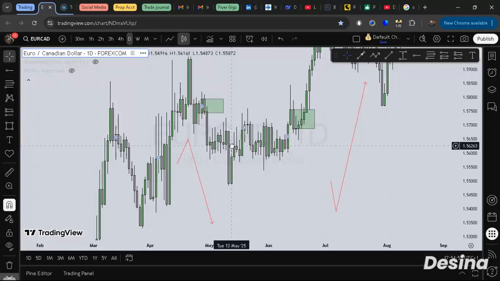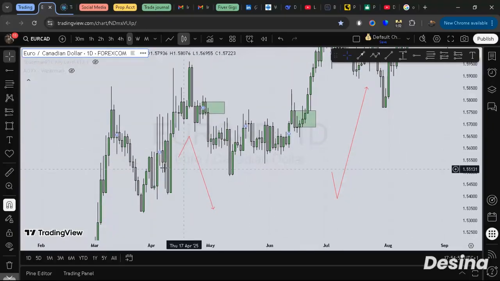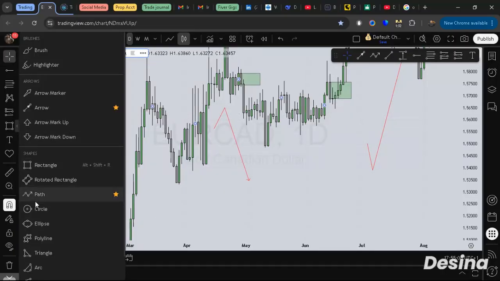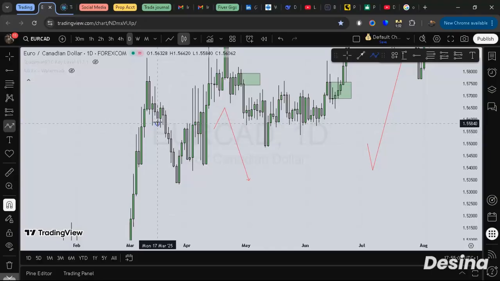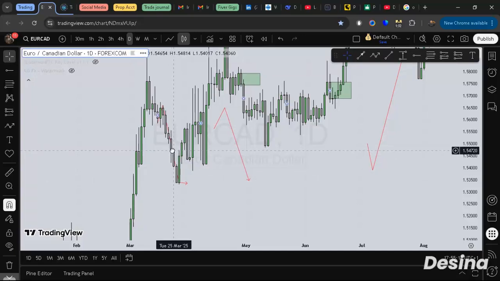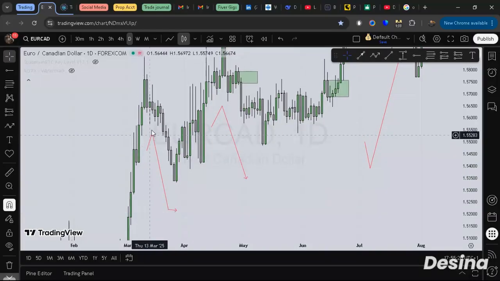Let me look for another bearish scenario. If you look over here, we had an expansion here. Another way to spot an expansion is using your line charts. That's another easy way to spot your expansion. So if I take this one out now, this is an expansion to the downside.